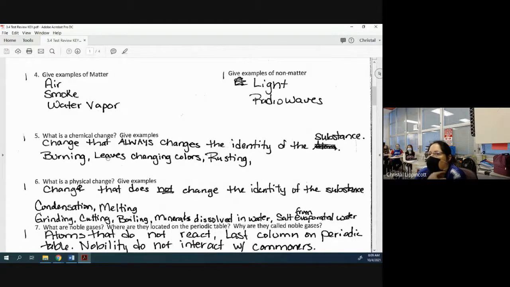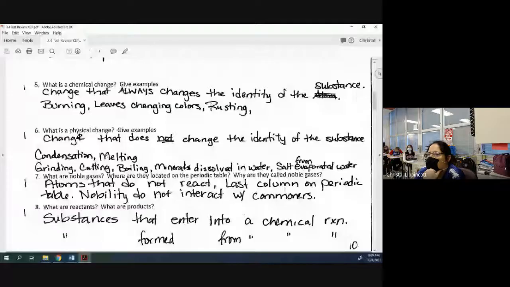So examples of that would be like burning, leaves changing color, rusting. Those would be examples. And then physical changes are changes that do not change the identity of substance.